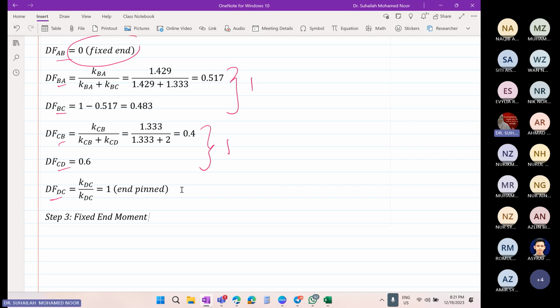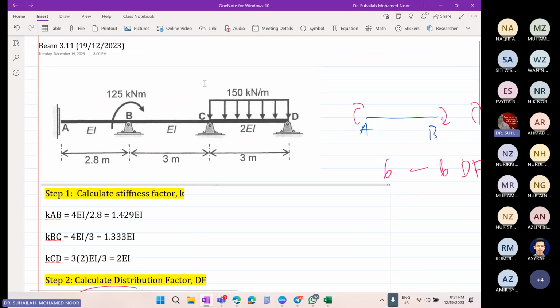Whichever member has loading on top of it, that is, subjected to loading, has FEM. AB has no FEM. BC has no FEM.